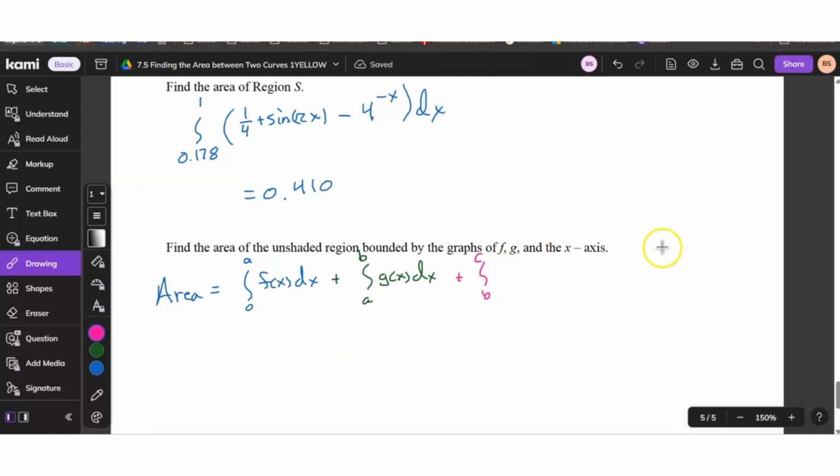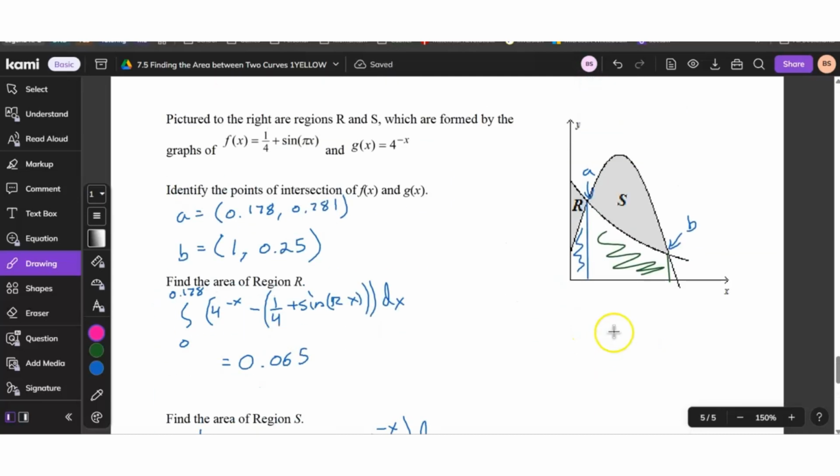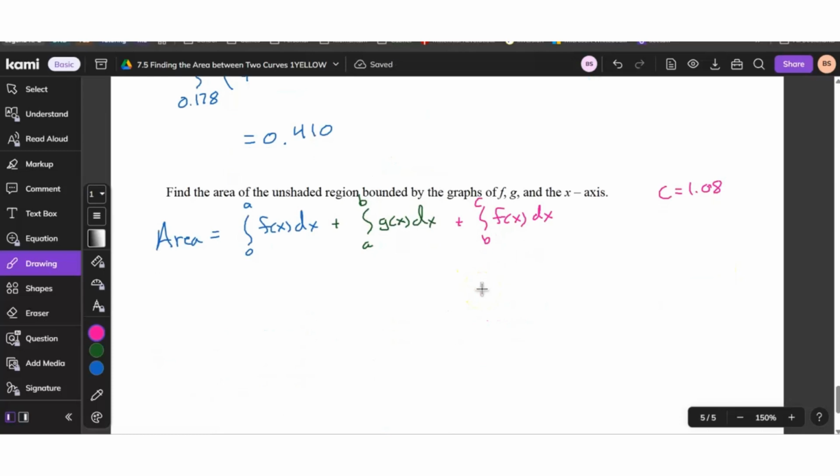Let's put a little note over here: c is 1.08 for us. That would be just f of x dx, because if we look up here, this is this little tiny piece, which we now call c. Okay, are we good with that? Yeah. Awesome. So let's write out what that means. This is going to be from 0 to 0.178 of f(x) dx.